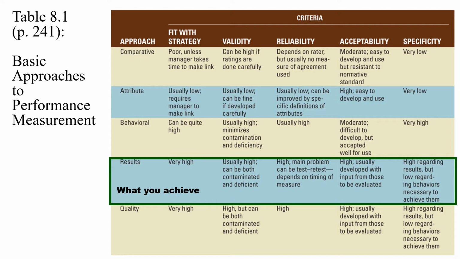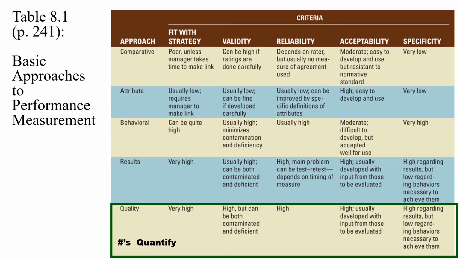And now let's move along to quality. The generic title is quality, but as you do more and more research in it, it is a lot of quantity. You're going to quantify activities and measure by numbers. Quality.